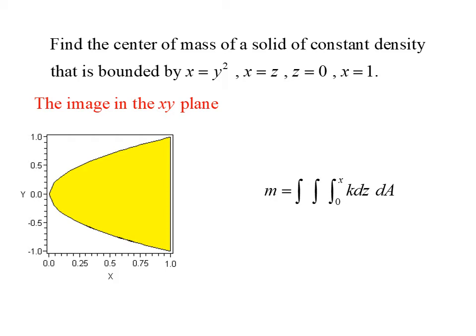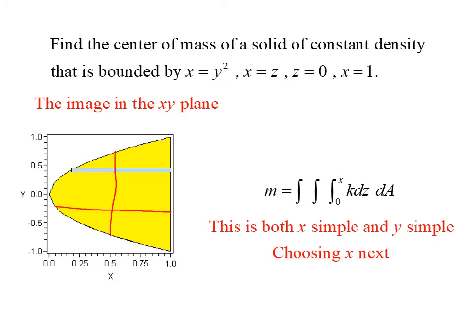Here is a typical x from parabola to line. Or we could even let our y's go from bottom of parabola to top of parabola. I kind of like the idea of the x's, however. So we will use the x's going from parabola to line.